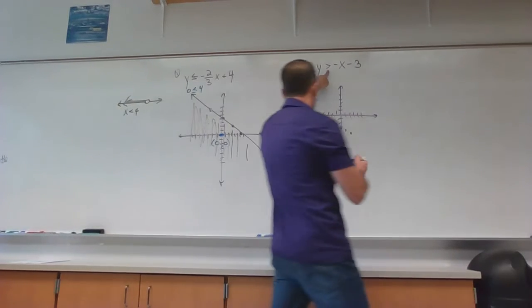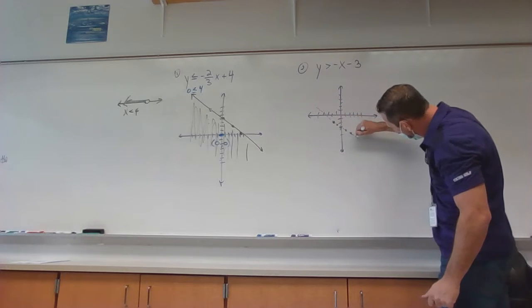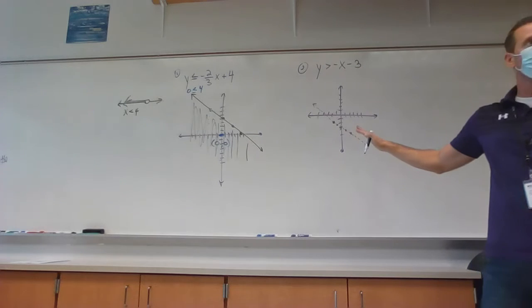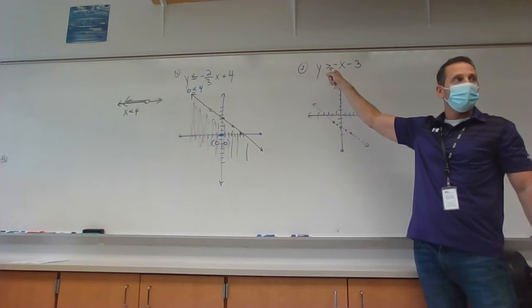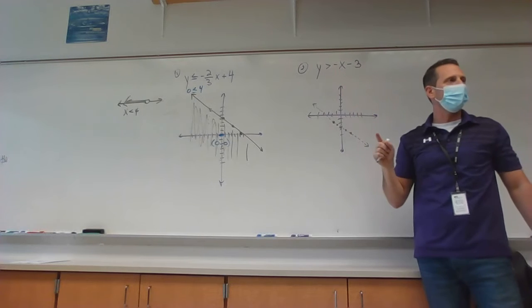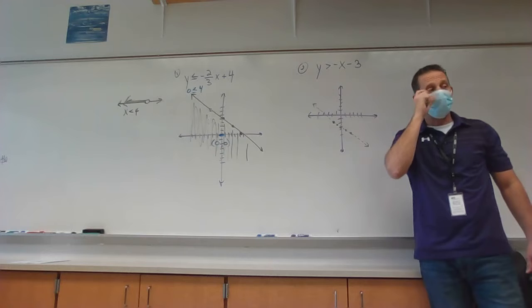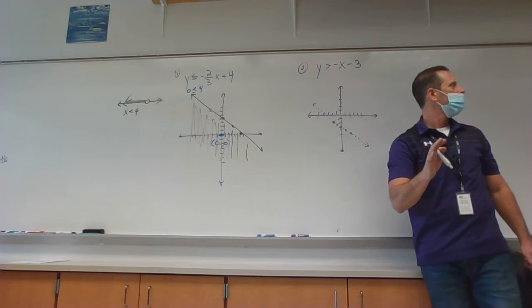When there's no bar underneath it, now we need to make a dotted line to show that the points on this line don't make this a true statement. Wait, but what if I already made a solid line? Well, then you've got an eraser, hopefully. All right, well, next time make it dotted. So it's supposed to be a dotted line now, right, Boris?